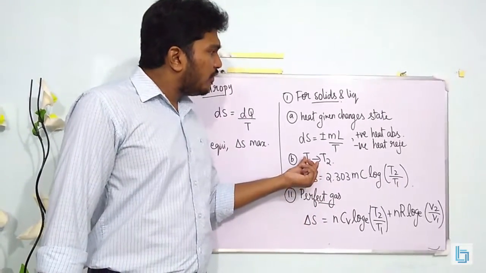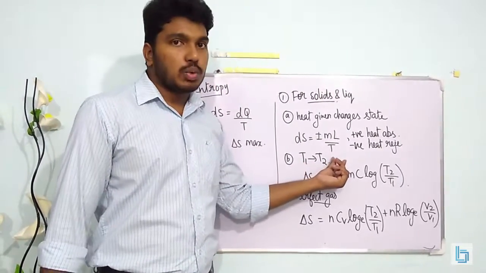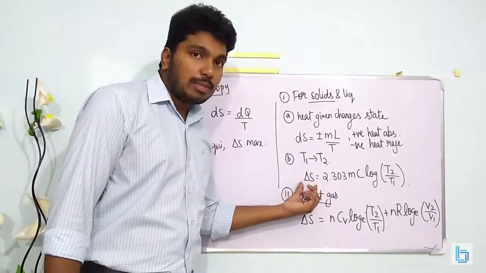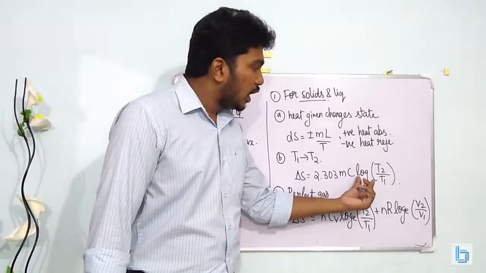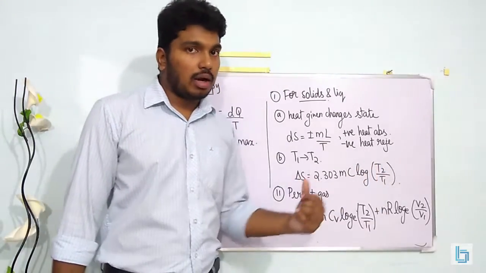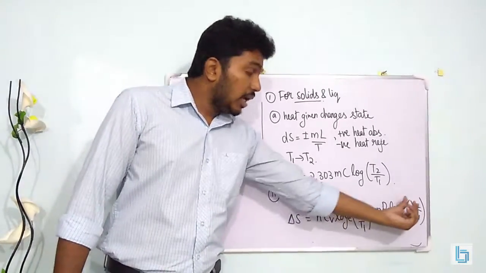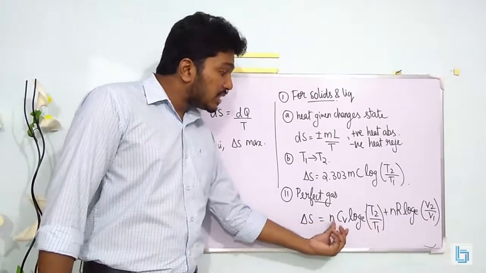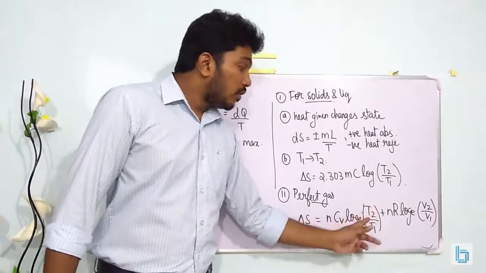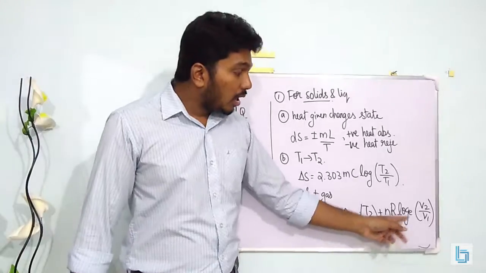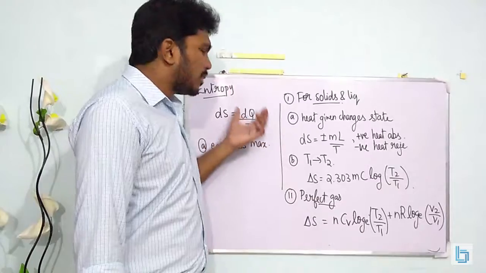And if, because of the heat supplied, the temperature changes from T1 to T2, then the entropy change will be equal to 2.303 m c log T2 by T1, where c is the specific heat and m is the mass. And for a perfect gas, the relation between T and V in terms of entropy is n Cv log to the base e, T2 by T1, plus n R log to the base e, V2 by V1. This is log to the base e, not to the base 10. Clear? So this is about entropy.